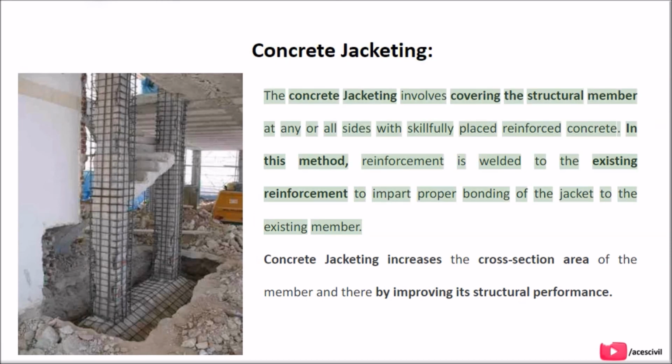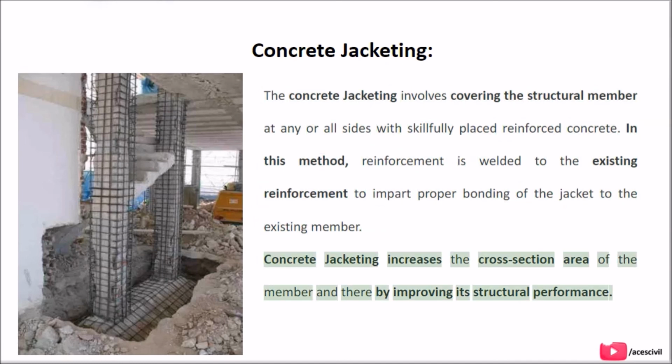Concrete jacketing involves covering the structural member on any or all sides with skillfully placed reinforced concrete. In this method, reinforcement is welded to the existing reinforcement to impart proper bonding of the jacket to the existing member. Concrete jacketing increases the cross-section area of the member and thereby improves its structural performance.